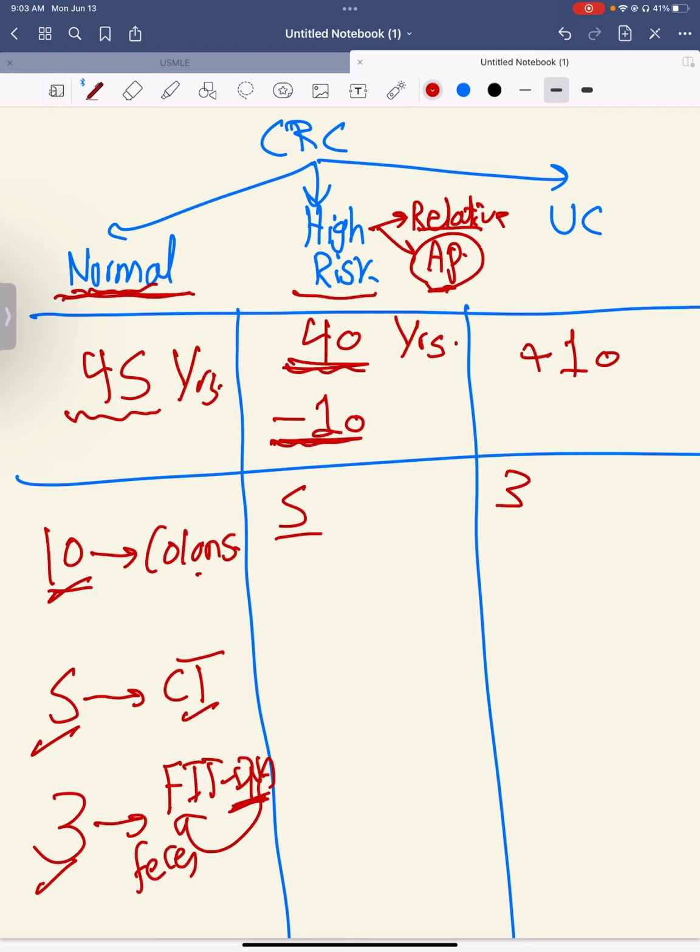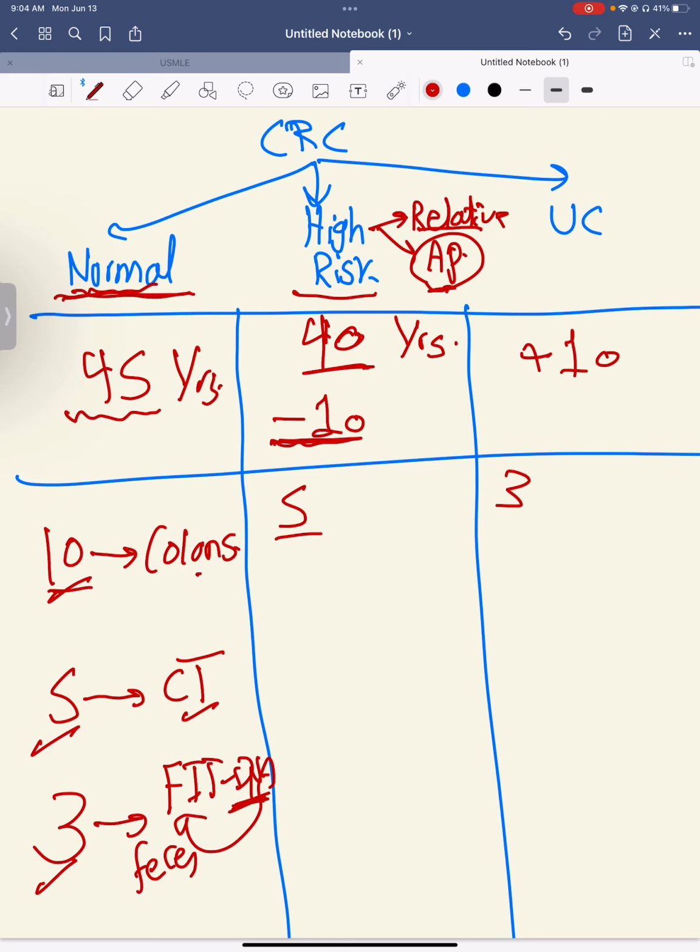Another example: another patient whose mother got colorectal cancer at age 40. We have two options: either start screening for the patient at age 40, or subtract 10 years from the age of the diagnosis.